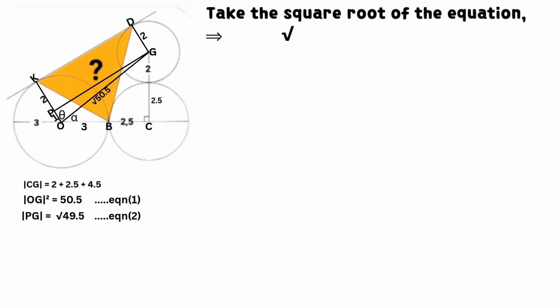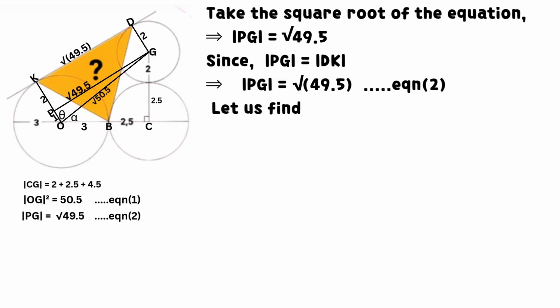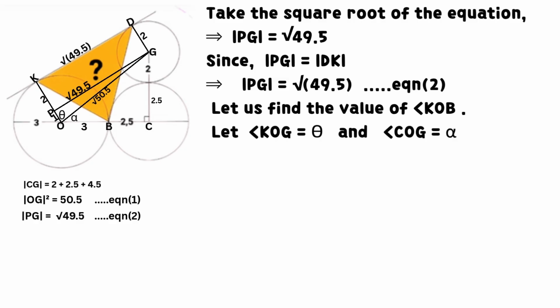Take the square root of the equation. This implies that line PG equals the square root of 49.5. Since line PG equals line DK, hence line DK equals the square root of 49.5. We call it equation 2.